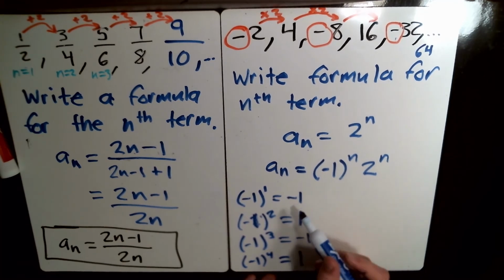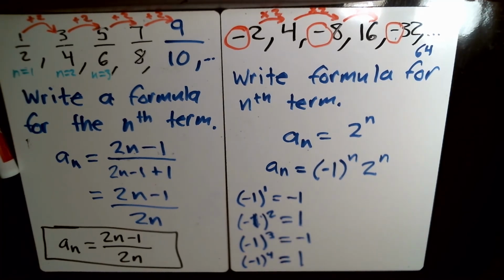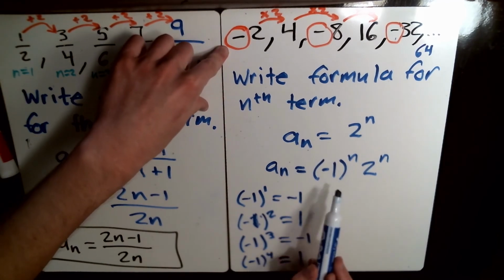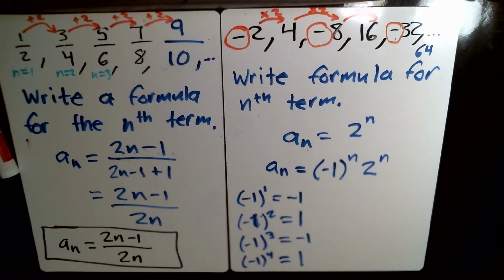So notice when you do this, the -1 to the n power alternates between negative and positive depending on when n is even or odd, right? And so this will give me the right sign to go in front of these terms of this sequence. -1 to the n will alternate the signs, so it'll match up here.